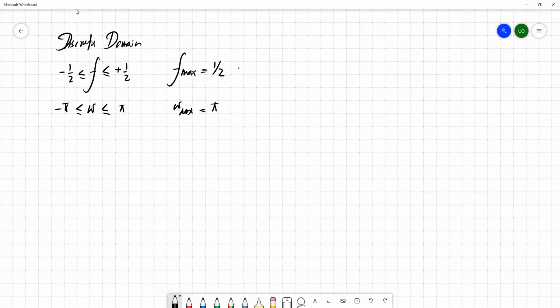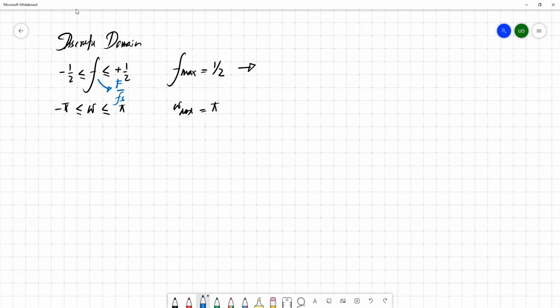From this, we know that this f is actually capital F divided by Fs, where capital F is the frequency in the continuous domain and Fs is the sampling frequency.